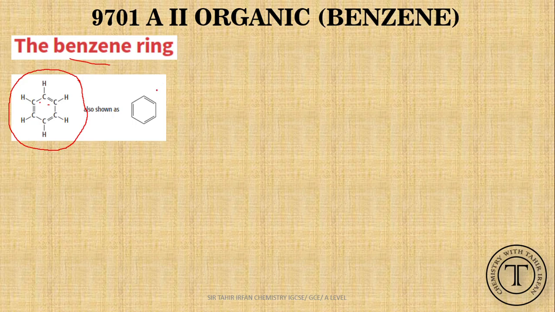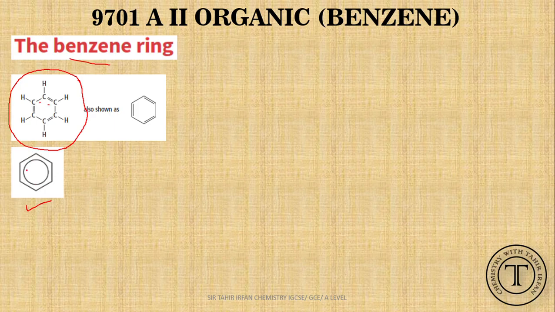And if we write it in skeleton formula form, we can write it in this way. As you can see, a 6-corner shape, a hexagon, with alternating single and double covalent bonds. Okay, very important. In many books, you find the shape of the benzene ring like that.